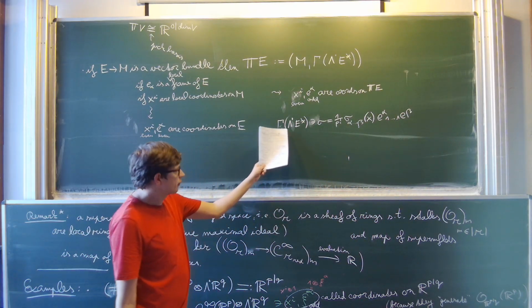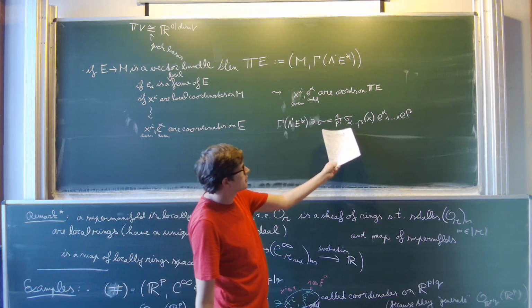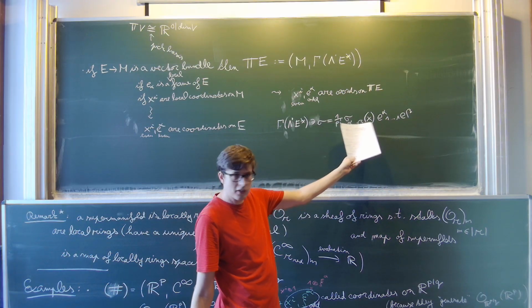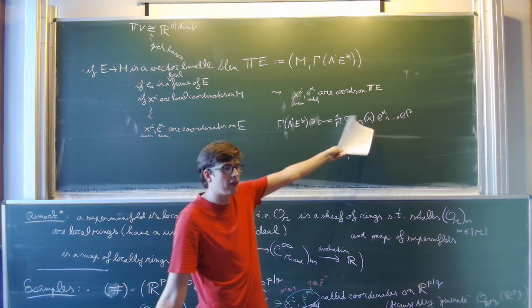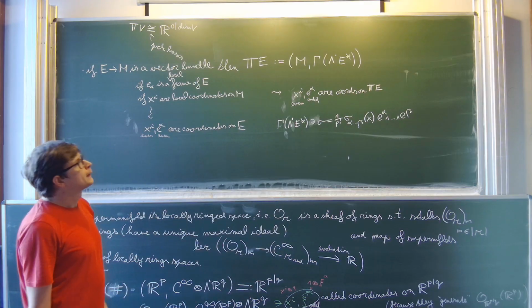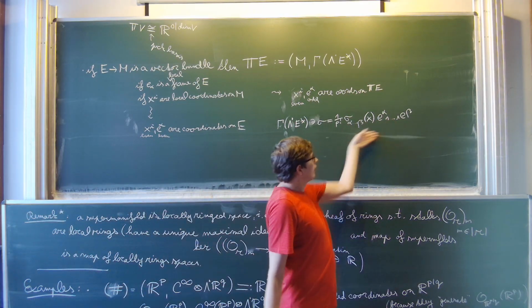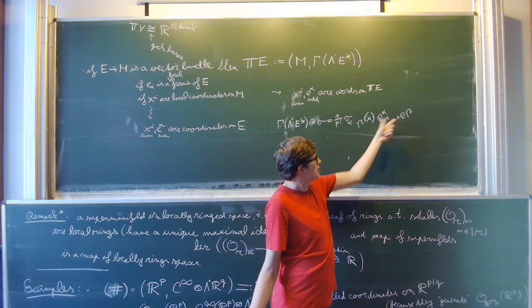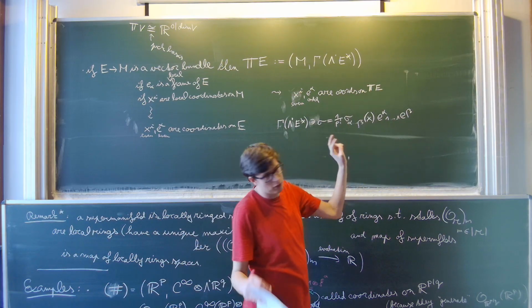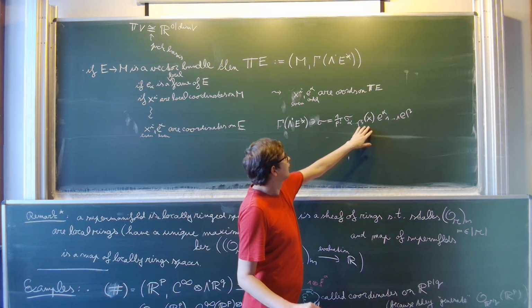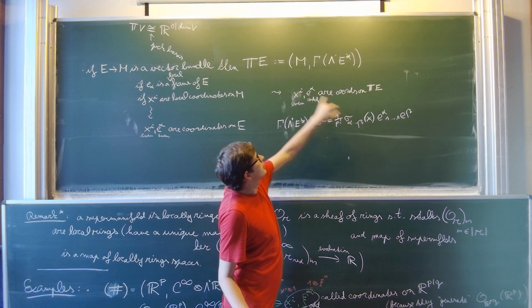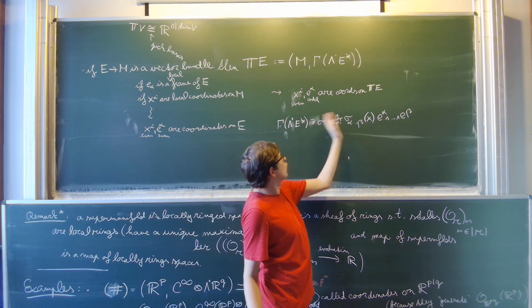So any section of this wedge power can be seen as some bunch of coefficient functions times the dual frame wedge with itself. And here you can see that I get a general such thing if I take a bunch of e^alphas, put them together, and a bunch of x's. That's why these things are coordinates, because they can generate all such things.